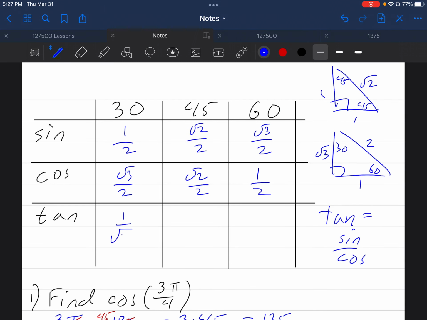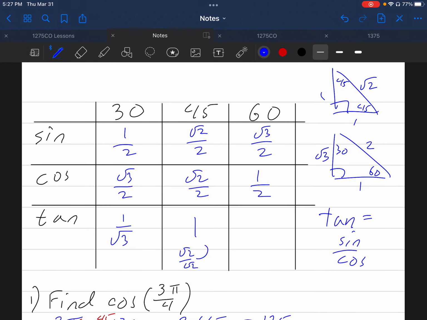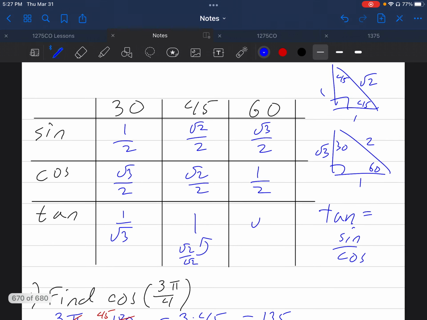That's going to be 1 over radical 3. That's going to be 1, because this is equal to radical 2 over radical 2. And anything over itself is equal to 1. And then we're going to have radical 3 alone, because that's radical 3 over 1.